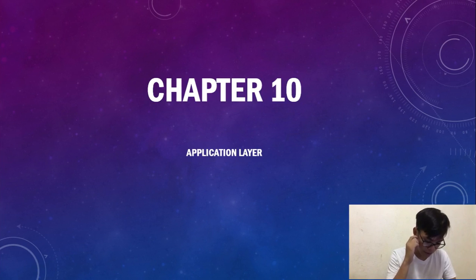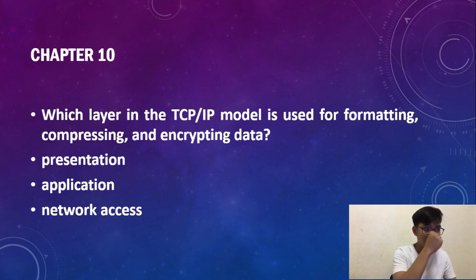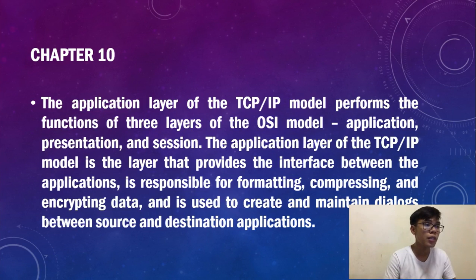So chapter 10, which is the application layer. Which layer of the TCP/IP model is used for formatting, compressing, and encrypting data? The choices are presentation, application, and network access. So the answer for this is the application layer, because the application layer of the TCP/IP model performs the functions of 3 layers of the OSI model: application, presentation, and session.